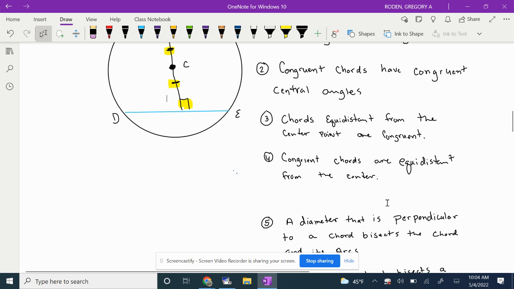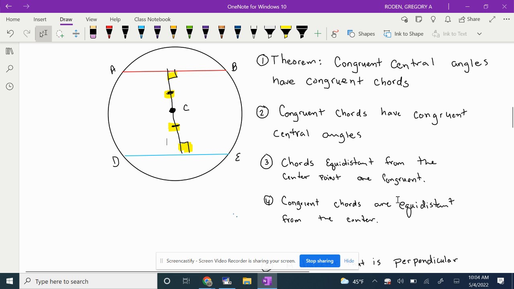Okay, so the next one says congruent chords are equidistant from the center point. So what that is saying is, if I know that the red chord is congruent to the blue chord, it's the converse. You guys see that? Then I can now say that these two distances from C are the same right here.